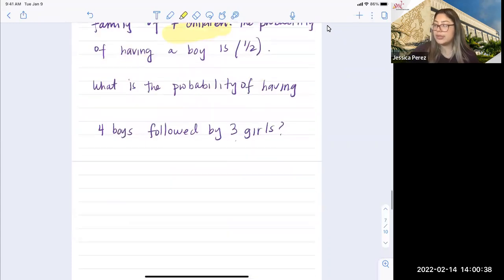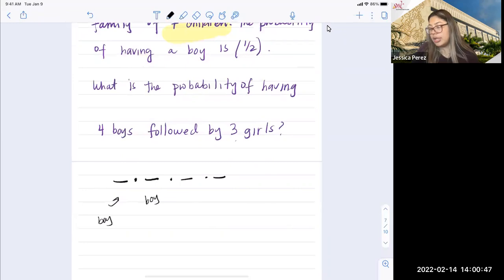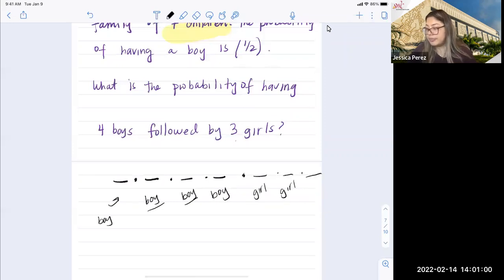Well, 4 boys, 1, 2, 3, 4. The probability of having a boy, they're all independent events. This is what it's called, independent events. Times now followed by 3 girls, and a girl, right? Because there's 7 total.